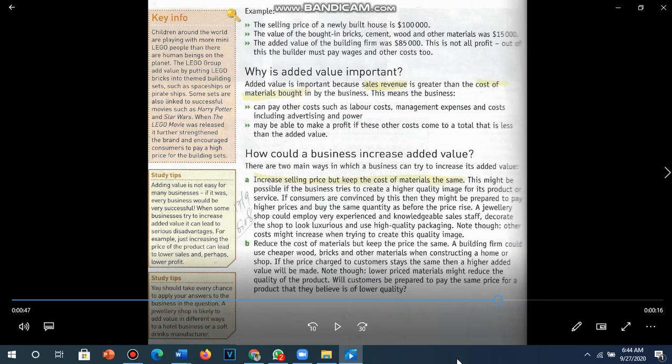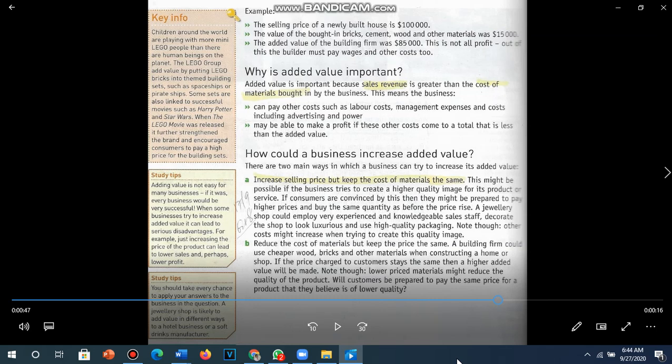And so you have to divide $40 by 100 because you're producing 100 cupcakes. 40 divided by 100 will come up with 40 cents, right?